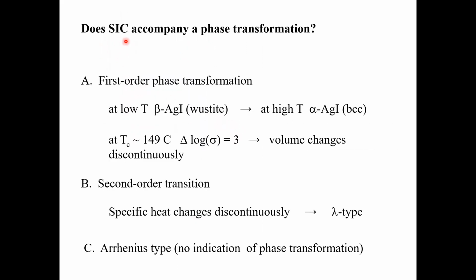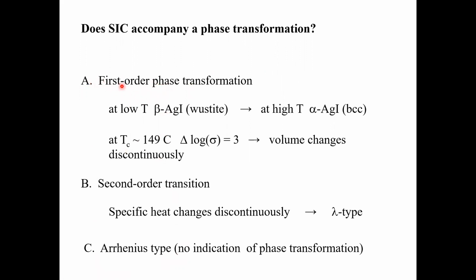So, does a superionic conductor accompany a phase transformation? That was one of the questions that was asked in terms of what makes a superionic conductor superionic. This is a historical type of analysis.